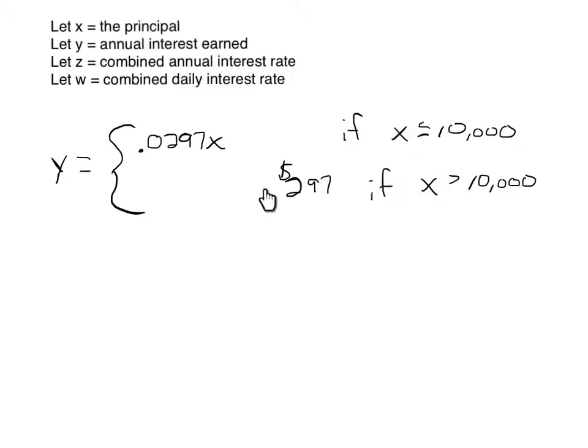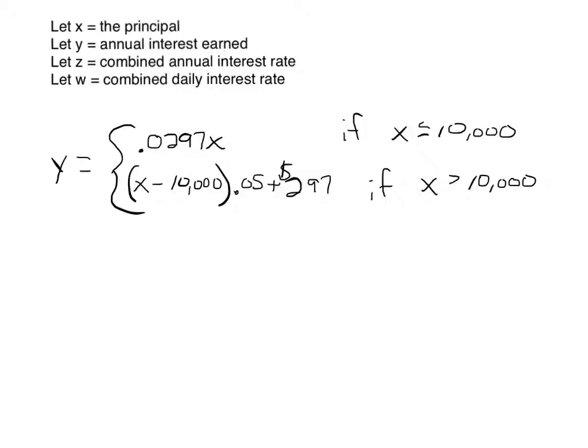So this is the interest they earned from the first 10,000. For the money over 10,000, you take the principal, which is x, subtract from that the 10,000 that you already found the interest for, and you multiply that difference by 5%. Add that to the 297, and that will give you the total interest that they earned.